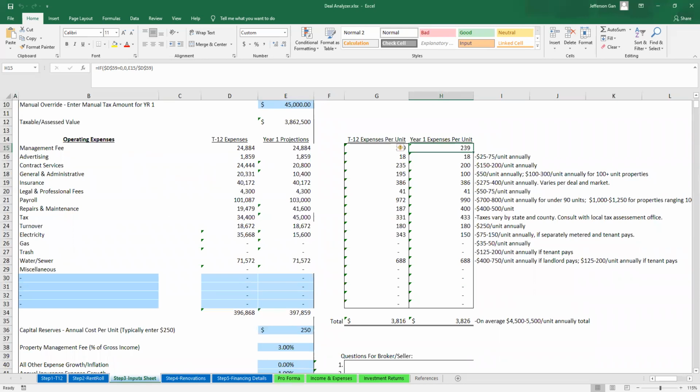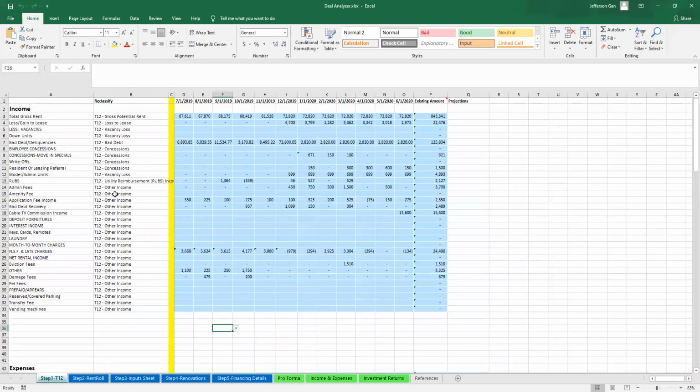So what I do is I copy first all the T12s here. Then I have a reclassification, at least on my analyzer, from, let's say, total gross rent, then I'll copy it to potential. Most of the time the T12 has different terminologies, like down units versus less vacancy, and I'll still categorize this as vacancy loss.